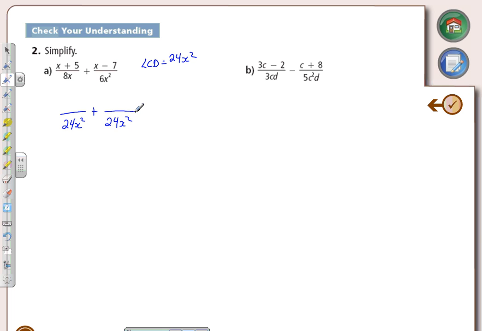Well, what did I have to multiply the first one by? We multiplied by 6x. And what did we multiply the second one by? We multiplied it by, not 6x, sorry, 3x. And the next one by 4.